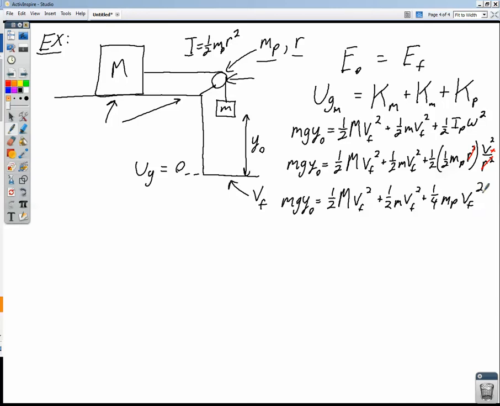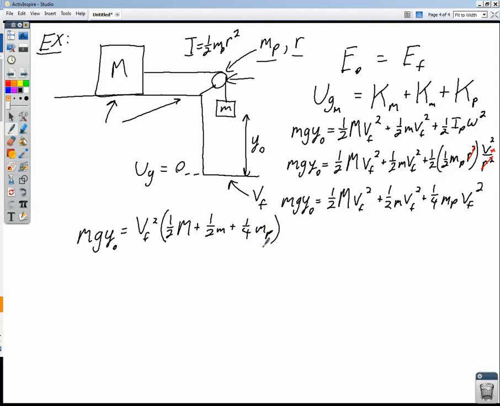Notice on the right-hand side, every single one of those terms has a v final squared in it, so we can pull that out. Let's give ourselves some more room here. m g y naught is equal to v final squared times 1/2 of big M plus 1/2 of little m plus 1/4 of the mass of the pulley.